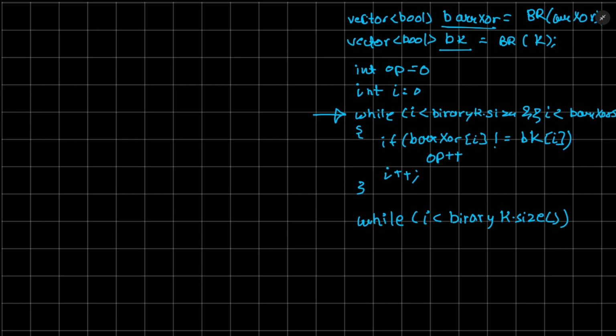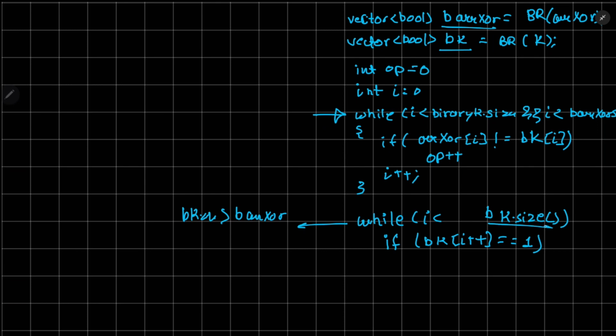So it is sure that our bk dot size must be greater than barrXOR size, because this condition is true. That means this while loop has broken by this XOR condition, not by this condition. So we will traverse this, and if we find that bk[i++] is equal to 1, we will check for this array.